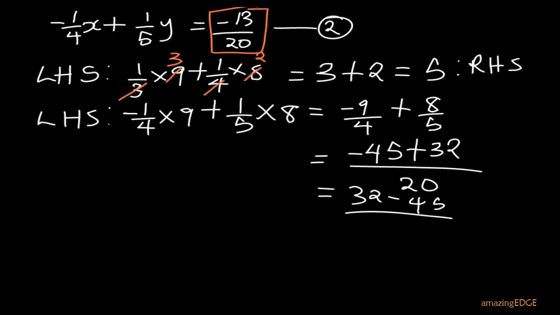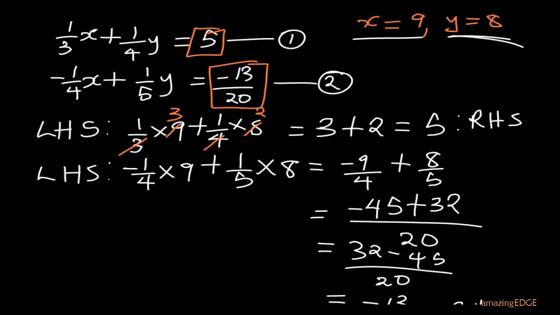So 32 minus 45 over 20, and you agree with me that this will give us minus 13 over 20, which is the same thing as what we have on the right hand side. So this verifies that x equals 9 and y equals 8 satisfy these equations. And that's what we have.